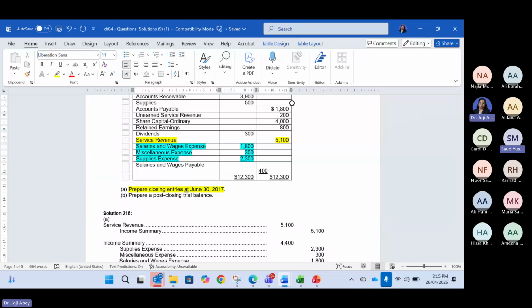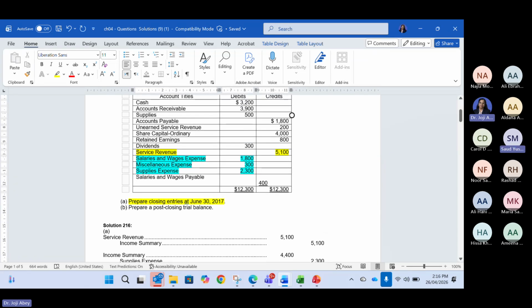When we are closing the entry, remember our revenue, we will close with the income summary. So if we have one or two revenue items, see here, in this, cash is an asset or a liability? Asset. Fast, your answer should come. Then only we can move on. Accounts receivable.